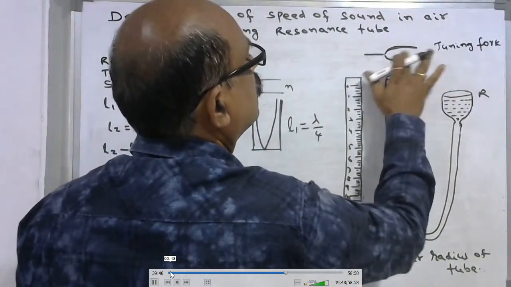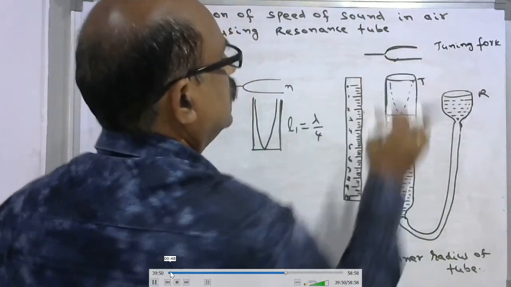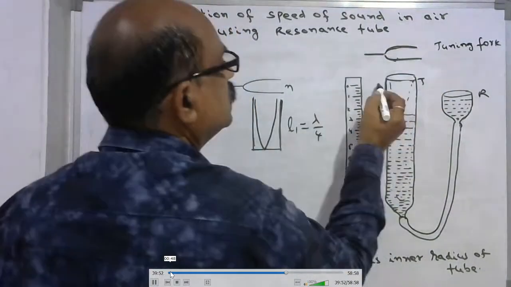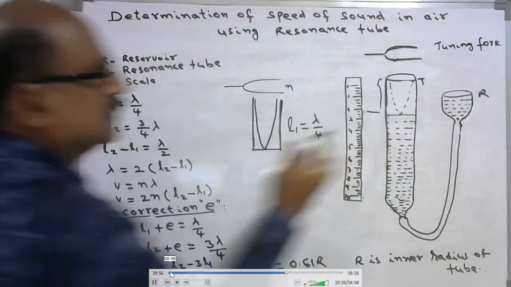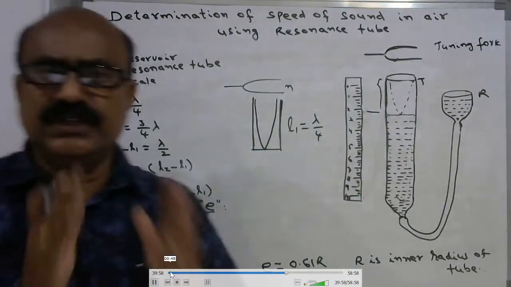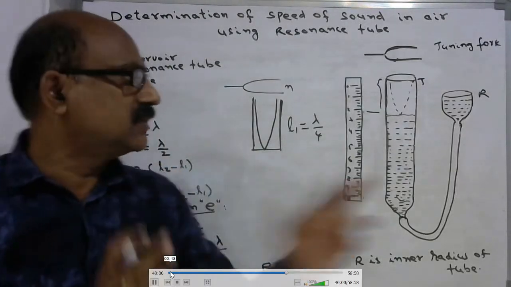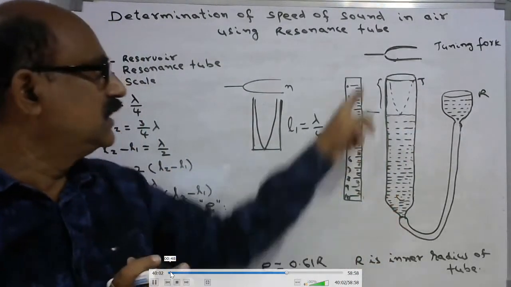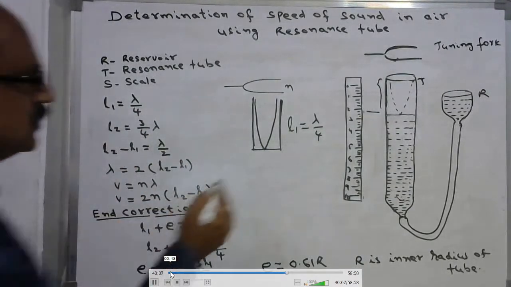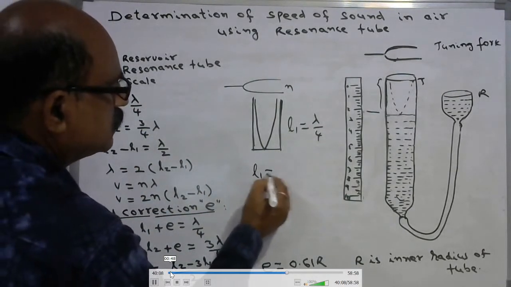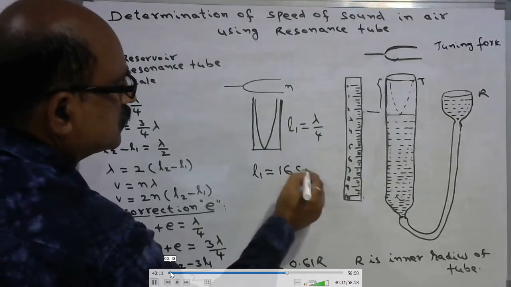This is called resonant sound, and the length of this air column can be obtained with the help of the scale fixed adjacent to the tube. So the length of this air column can be measured, L1. Say for example, L1 is 16 centimeters.